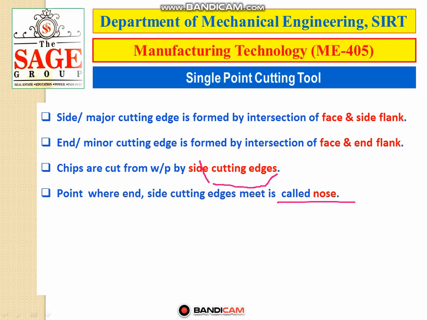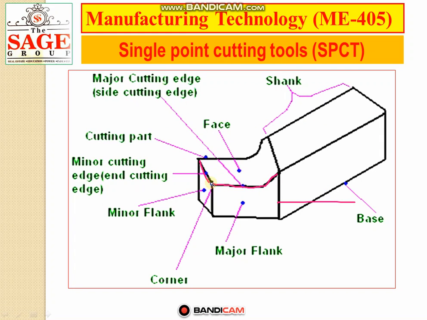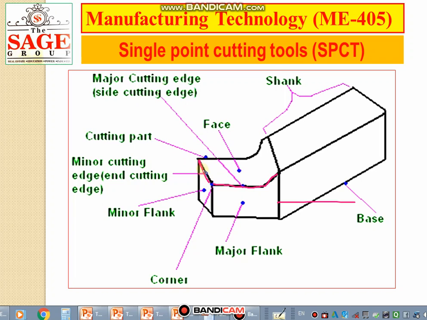Where is the nose? Yes, this is the nose. That is the meeting point of the end cutting edge and the side cutting edge. This nose is also used as a cutting edge for finishing operations on the workpieces as per the requirement.